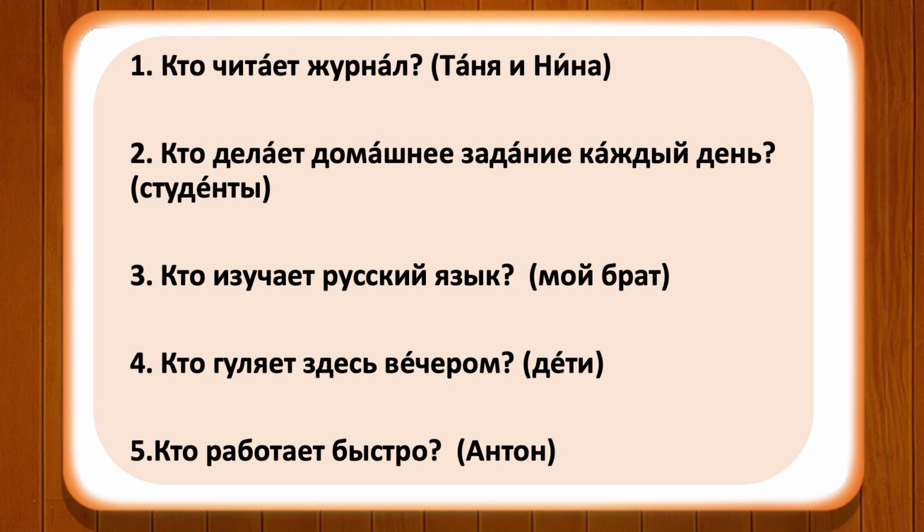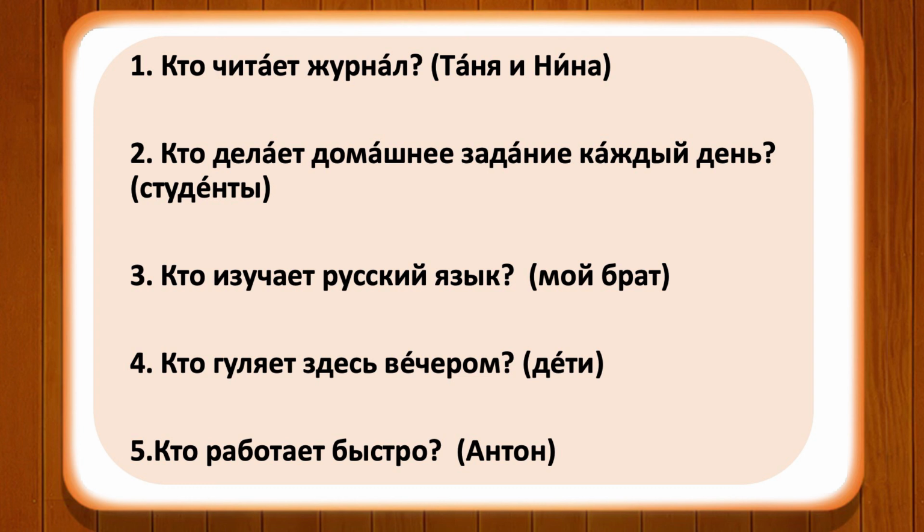Мой брат is он. So in answer, you will use the form of the verb which agrees with он. The answer would be мой брат изучает русский язык. So who is studying Russian language? My brother is studying Russian.